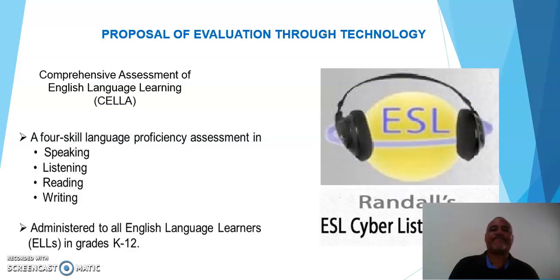And for the proposal of evaluation through technology, I consider that we have to take into account two options. The first one is the Comprehensive Assessment of English Language Learning, CELA, which has a four-skill language proficiency assessment, as you can see here, and it could be administered to all English learners, from kindergarten to high school.